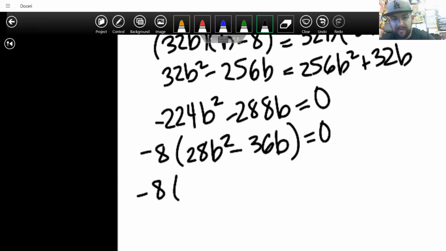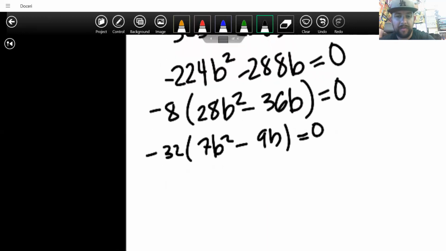So this would be 7b squared minus 36 and 4 is 9. Oh, 36 and 4, just to make sure, is 9b.